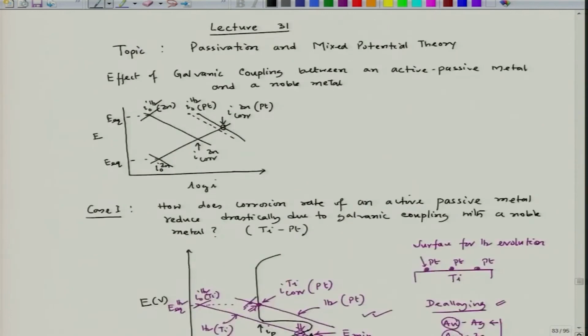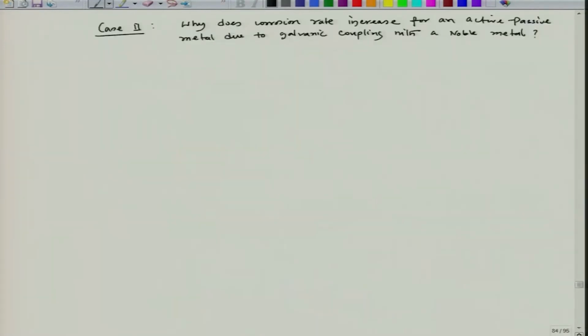In the previous case we have seen why the corrosion rate of an active passive metal reduces drastically due to galvanic coupling with a noble metal, but here the question is why the corrosion rate increases for an active passive metal due to galvanic coupling with a noble metal. So, it is not sacrosanct that if it is an active passive metal the corrosion rate would reduce. The main crux of the problem is where the mixed potential lies.